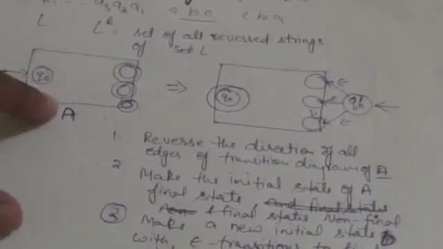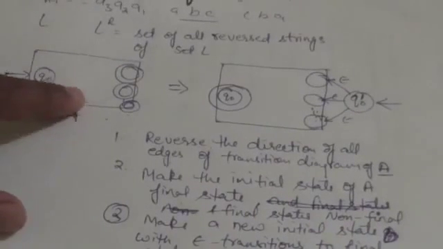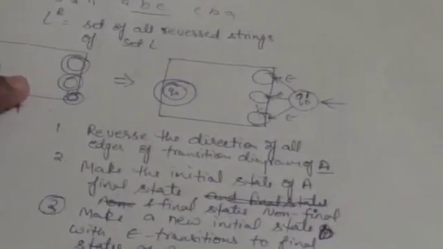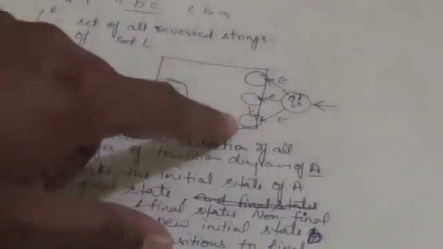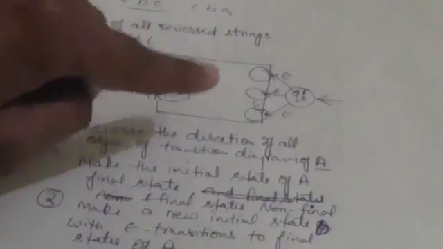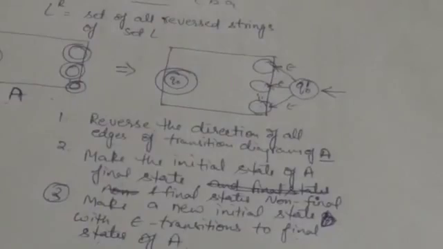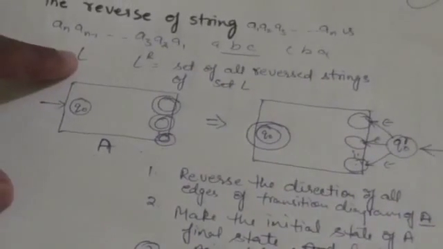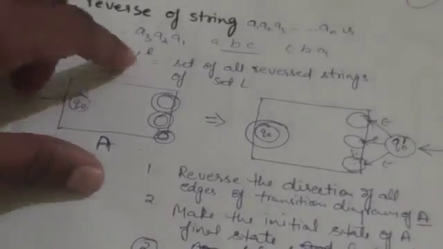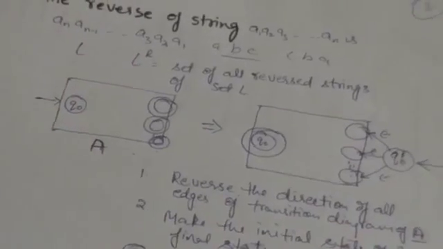If there is a string accepted by automata A, then the reverse of that string will be accepted by this automata. So it means if L is a regular language, LR will also be a regular language.